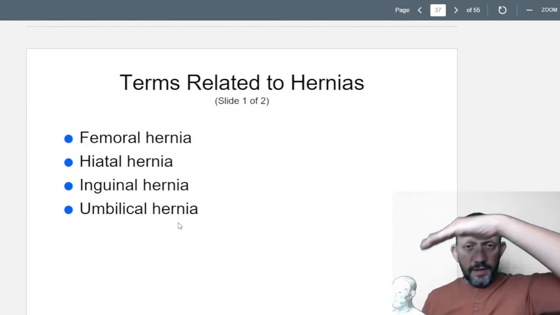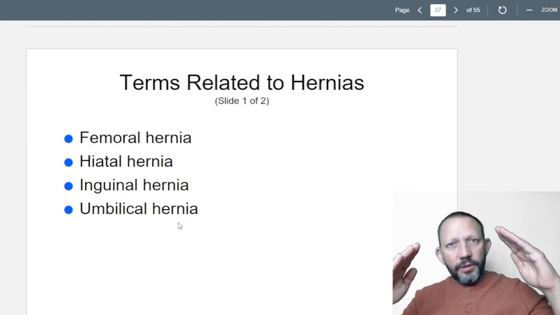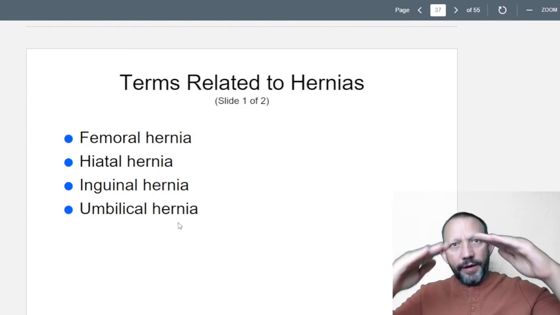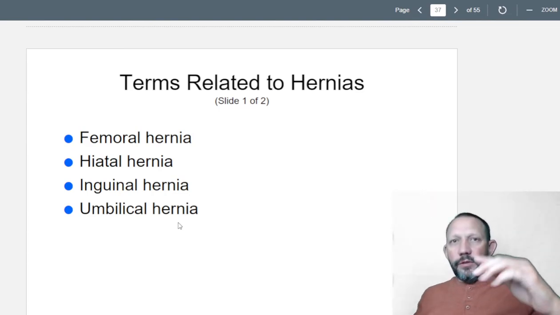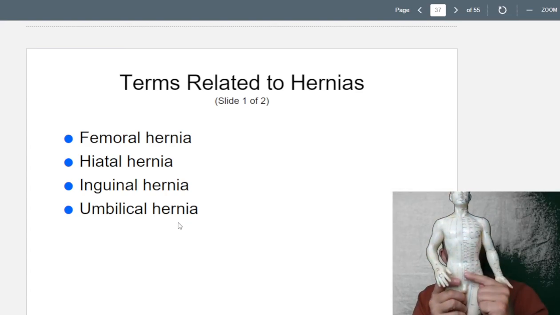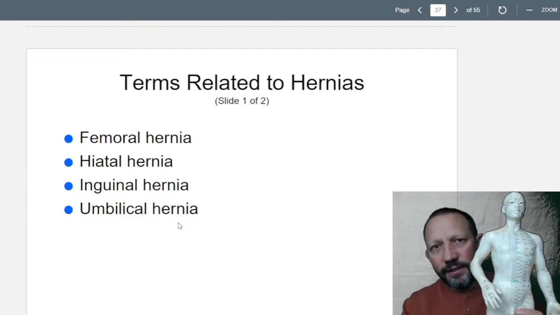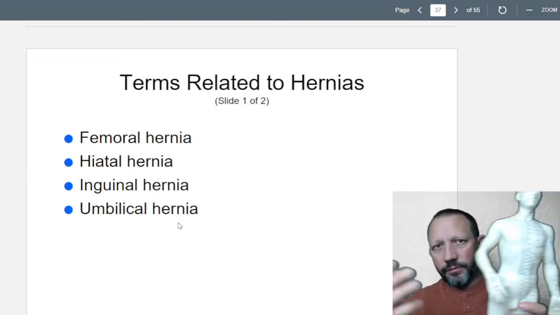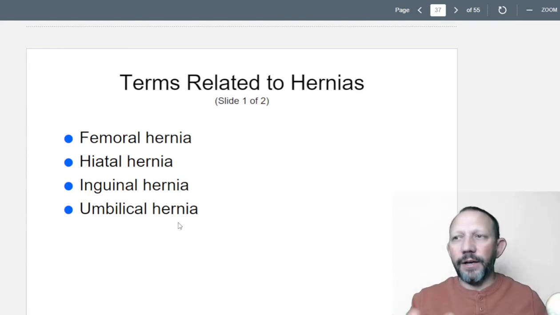The diaphragm is an umbrella-shaped muscle right underneath the rib cage, right? So it separates the thoracic cage on the top from the abdominal pelvic cage, and that diaphragm has a thing called a hiatus. Hiatus just means opening, or a space, right? And so your stomach will push through that one. That's called a hiatal hernia.